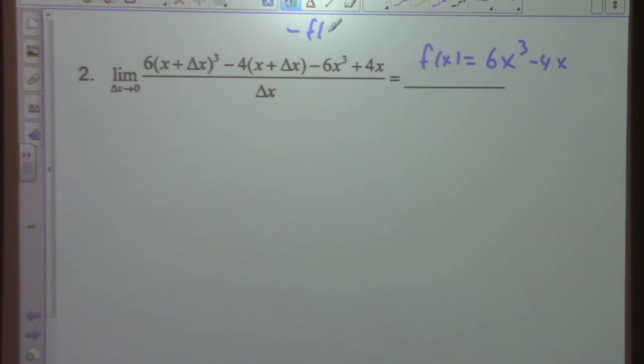And when you're subtracting f of x, for this to be positive, then this would have to be negative here. And this is negative here, so that would have to be positive here. So that's really it.